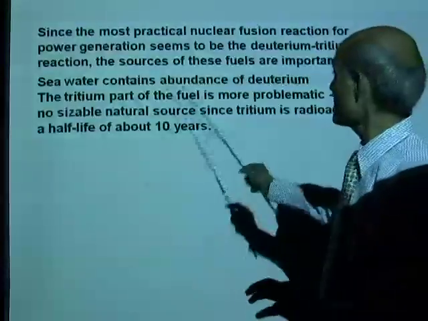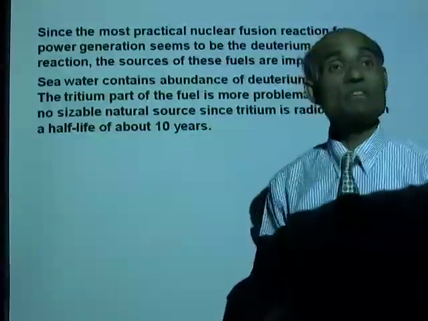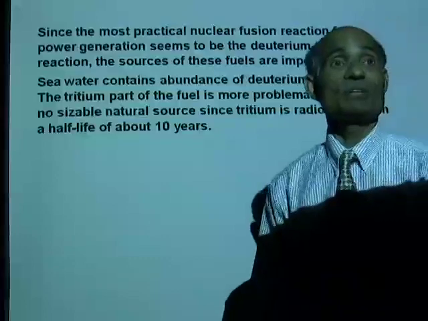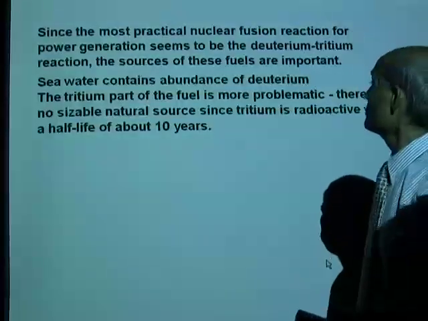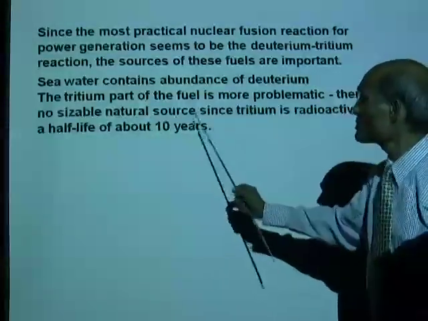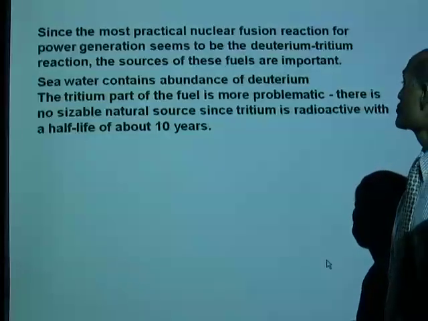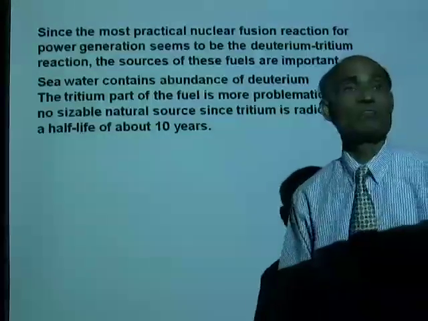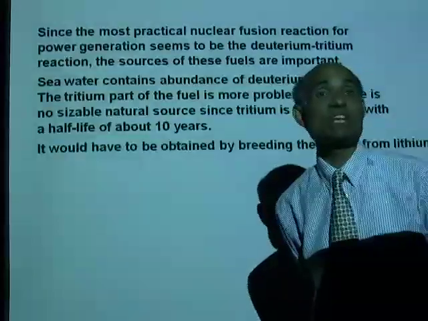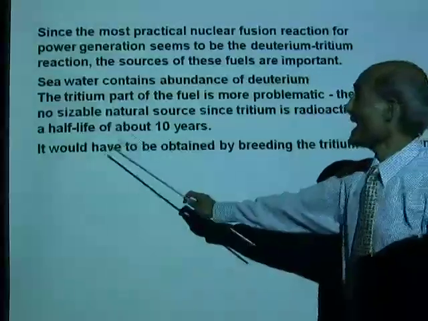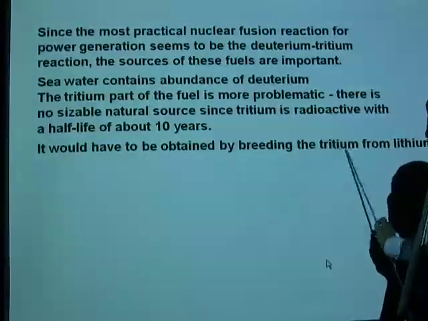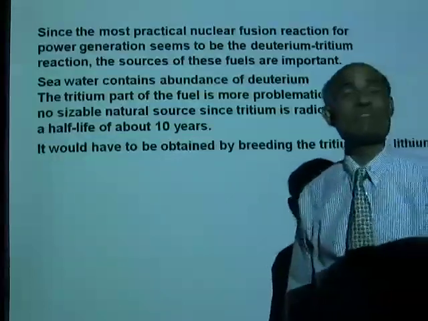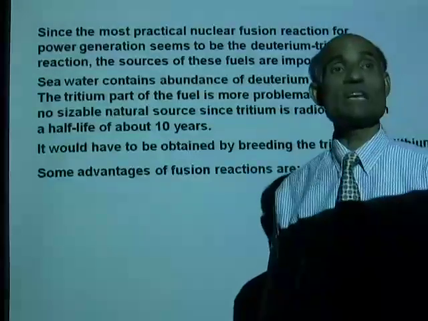Deuterium can be found abundantly in seawater, but tritium cannot be found as much. Now, there is no sizable natural source since tritium is radioactive with a half-life of about 10 years. Now, it can be obtained by breeding the tritium from lithium. It is possible to create that.